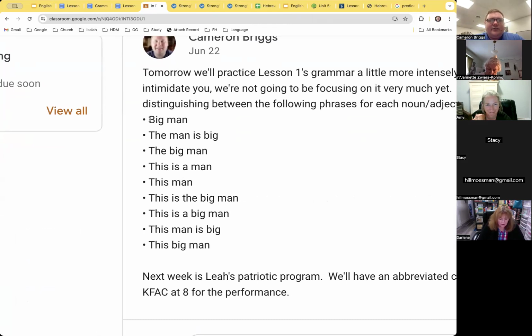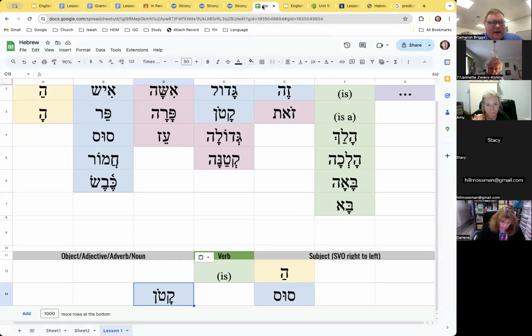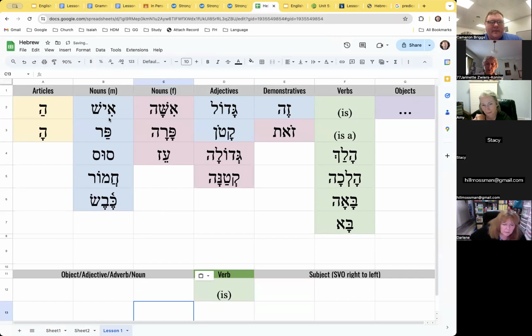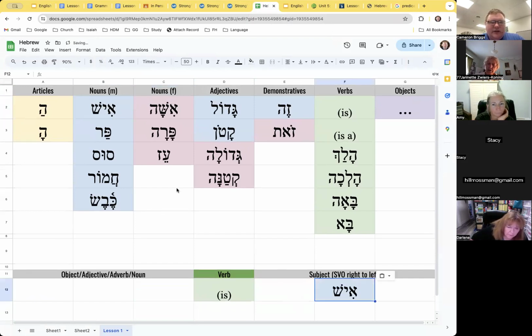Okay. So let's construct the phrase big man. Not anything else, just big man. Where would we put things? Just on the right side. Ish gadol, big man. So we don't have any has, so we don't know if it's a specific one or anything.